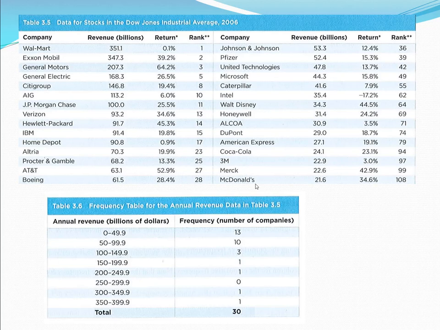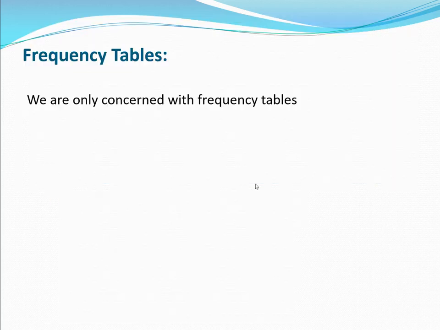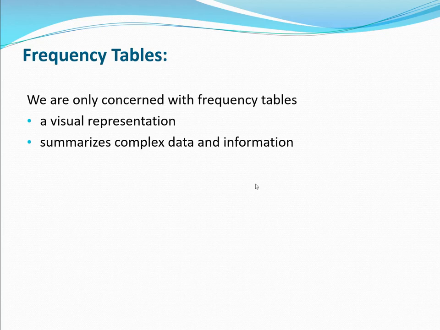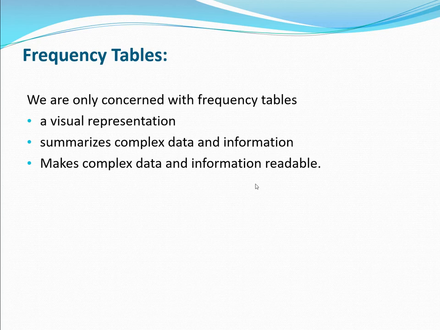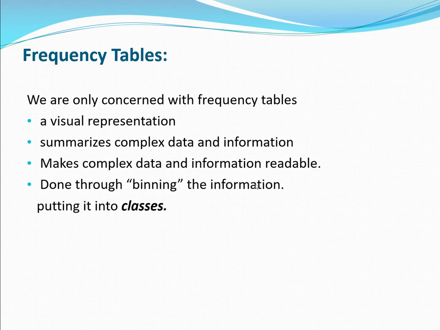So this is a relatively simplistic way to reduce that complex information into a more readable format for the information that we are interested in. We are only concerned with frequency tables in this course, and that's that visual representation that summarizes the data and information and makes it more readable or more relevant for what we're interested in.